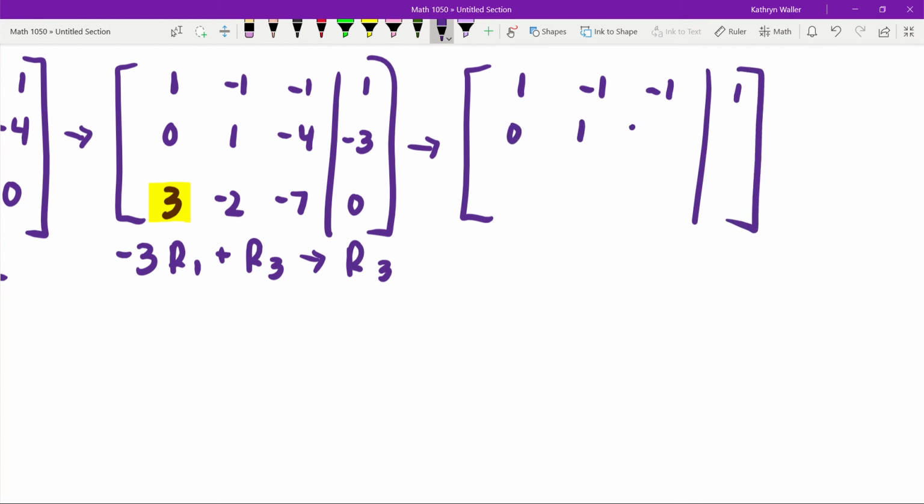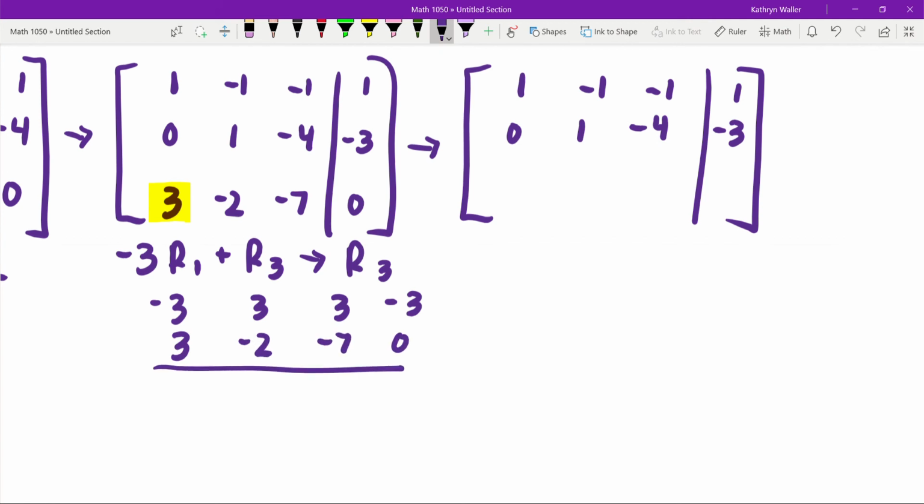Row 2 doesn't change. Multiply the top row by a -3. You get -3, 3, 3, -3. Write row 3 underneath it. 3, -2, -7, 0. Add those together and you get 0, 1, -4, -3.